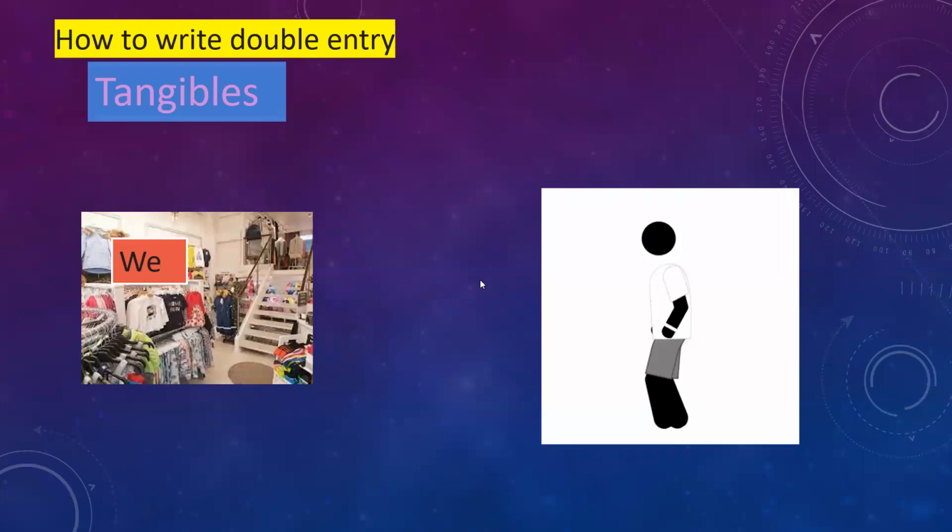Hamdan Hanan, for vehicle, what is the rule we learned? Vehicle received debit, vehicle account. Vehicle given credit, vehicle account. Very good. Ashok Akash, tell me for computer. Computer received debit, computer account, computer given credit, computer account.